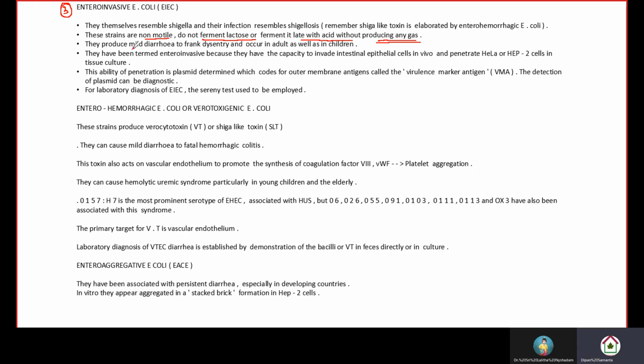Mild diarrhea occurs in this EIEC. Mild diarrhea to frank dysentery, and it occurs in adults as well as in children.